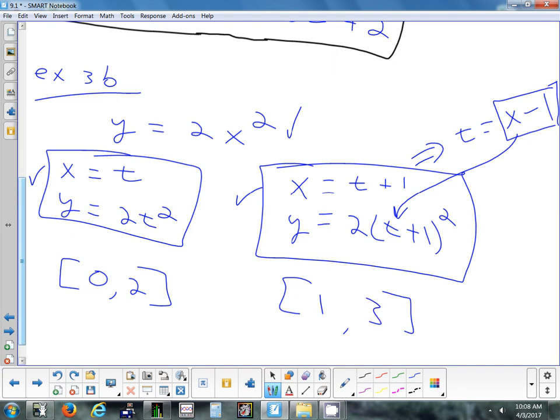If you set that picture with an interval of 1 to 3, is that going to be... no, not quite.